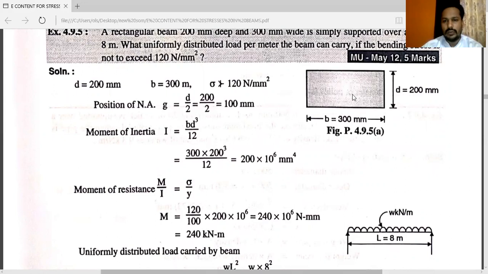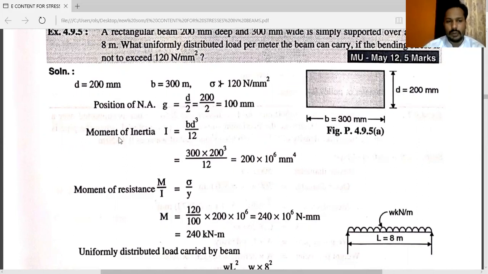Two diagonals are there, and the center point, or you can say the centroid point, will be at a distance of d by 2 from the base. So position of neutral axis is d by 2, that is 100 mm, as the depth is 200, so it will be at center.